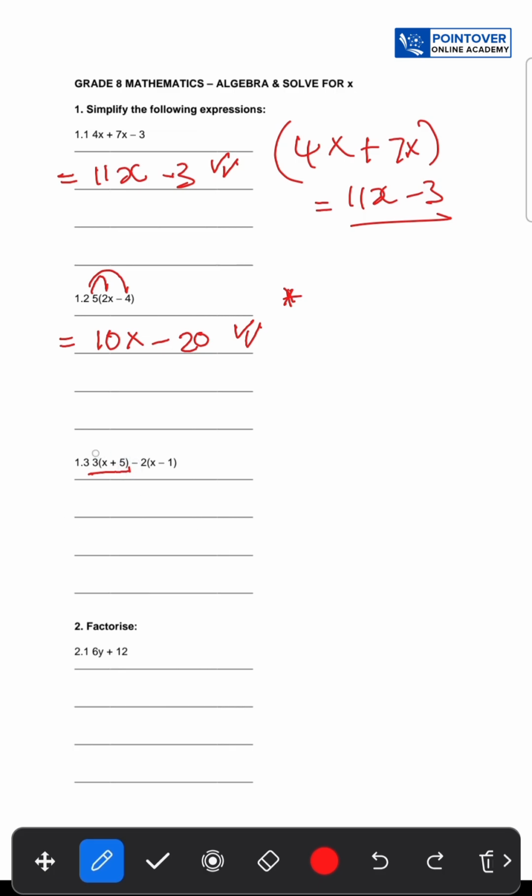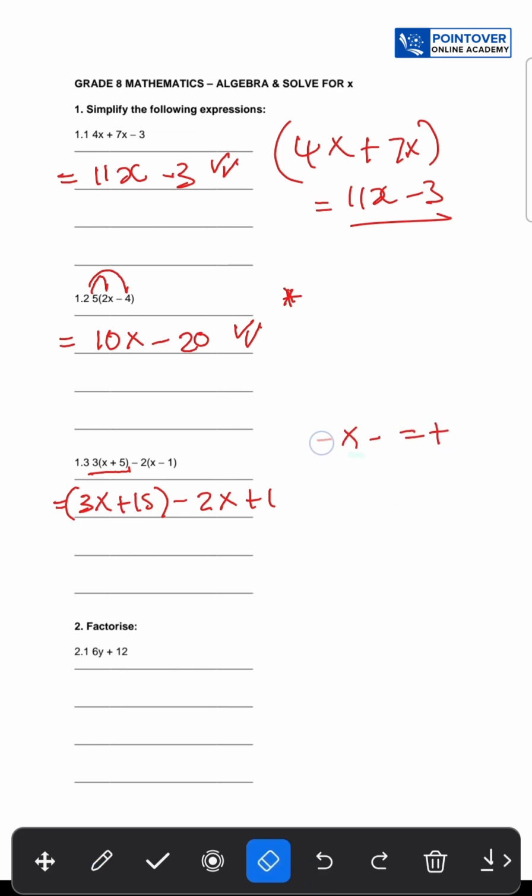We're going to have 3 multiplied by x, we're going to get 3x, and then 3 multiplied by 5, we're going to get 15. Right, that's the first thing. And then minus 2 multiplied by x, we're going to get negative 2x, and negative 2 multiplied by negative 1, we're going to get positive 1.